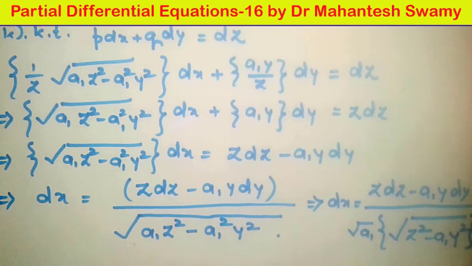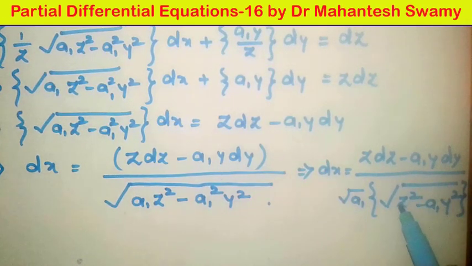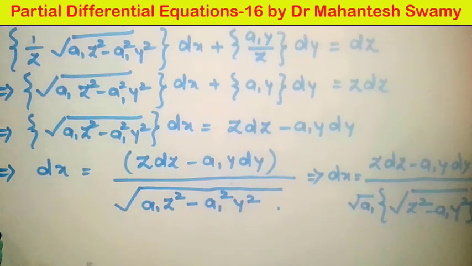So this is the thing we are having, and we are observing here one important thing, that is the derivative of this is 2z dz minus a1 into 2y dy. That is something over here if we multiply by 2. So it is better to multiply and divide by 2.